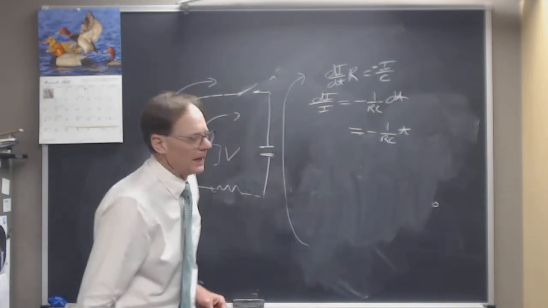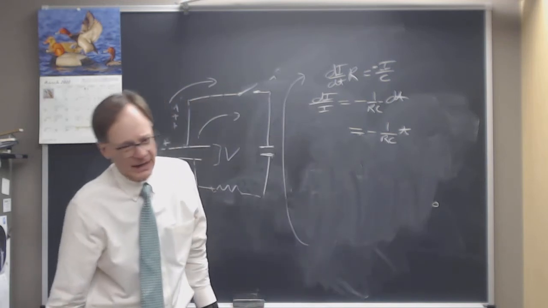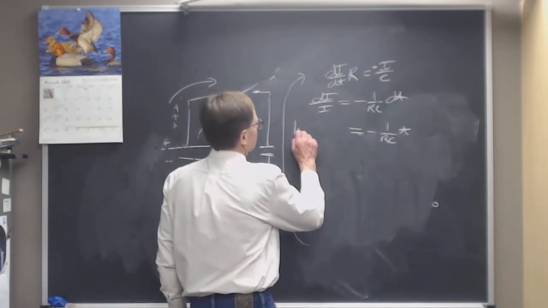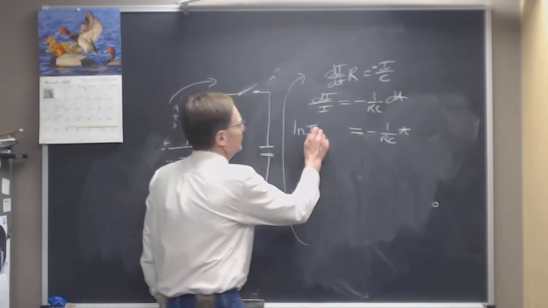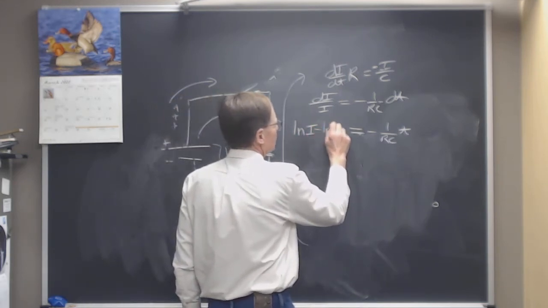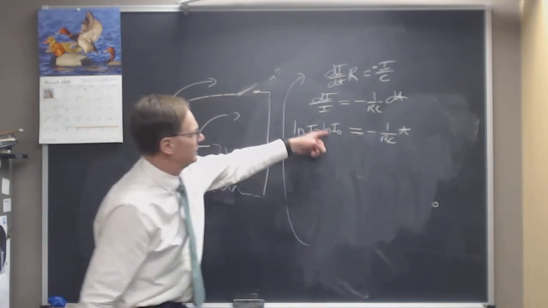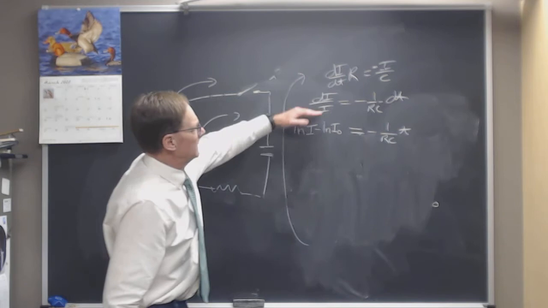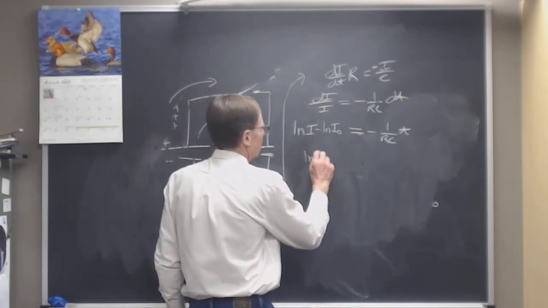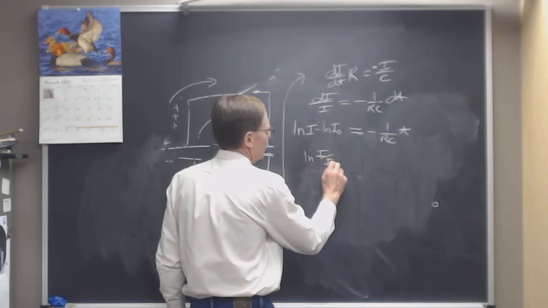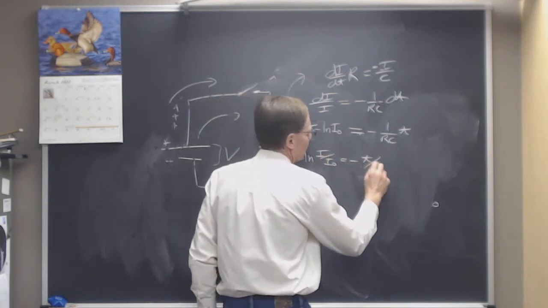I integrate the left side and I get a logarithm. The integral of 1 over I dI is the logarithm of I. So this is going to look like the log of the current at some time t minus whatever the initial current was, which we're going to call I naught. So that's the integral on this side, which is equal to log of I over I naught is equal to minus t over RC.